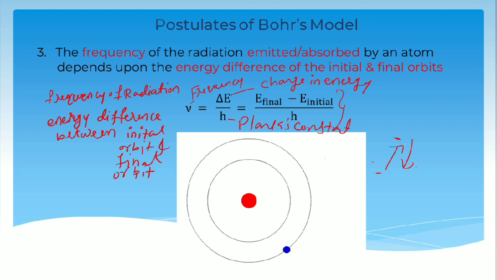The emitted light produces the hydrogen line spectrum.